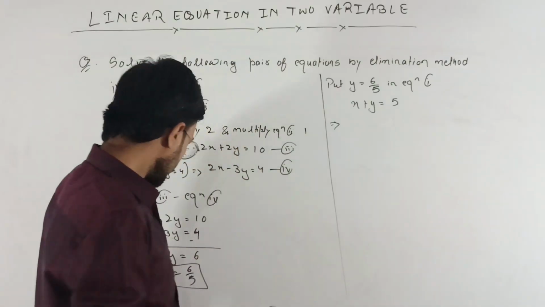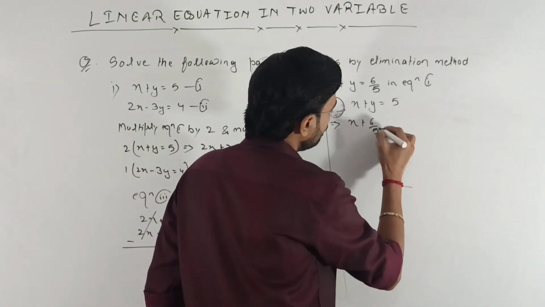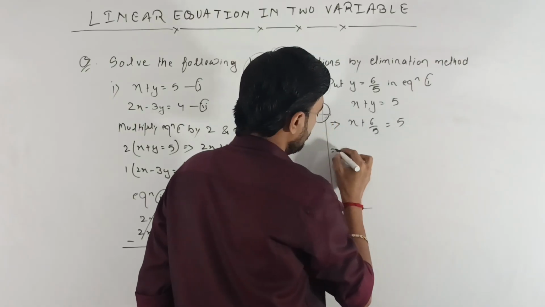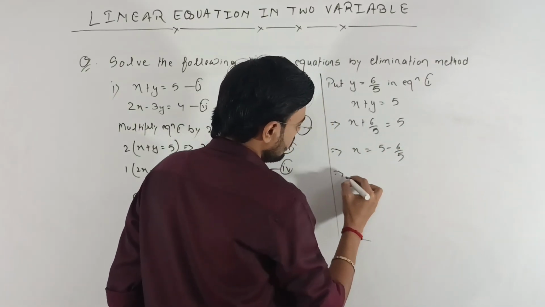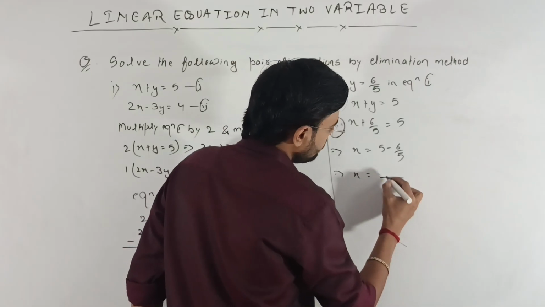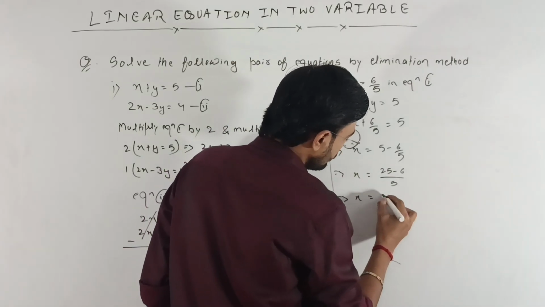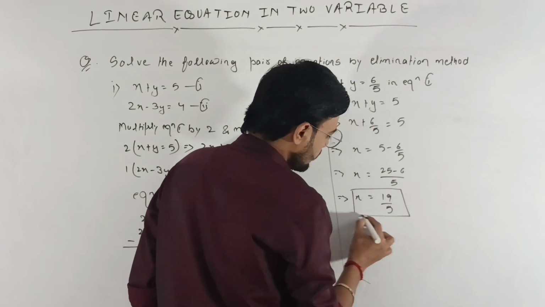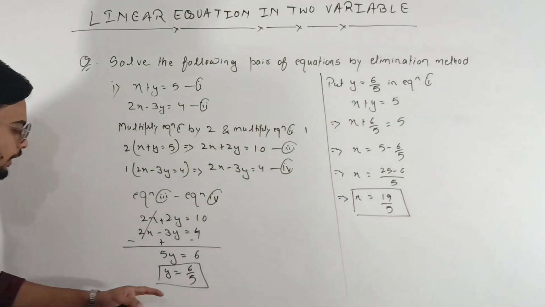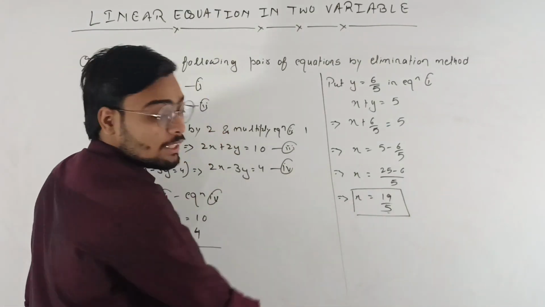Now y is 6 upon 5, so x plus 6 upon 5 is equal to 5. Then x is 5 minus 6 upon 5. Now this 5 becomes 25 minus 6, then x is equal to 19 upon 5. This is my x, 19 upon 5, and this is my y, 6 upon 5. Understood? Let's see it again.